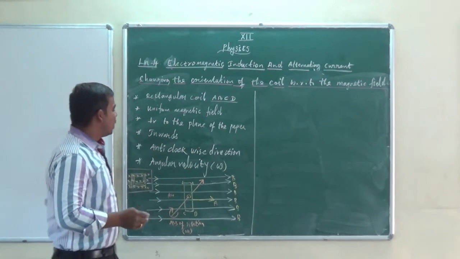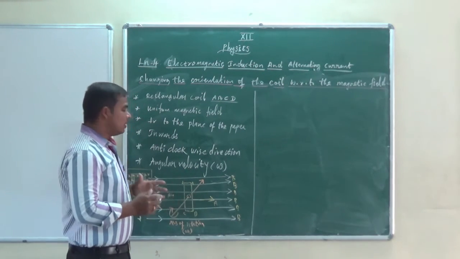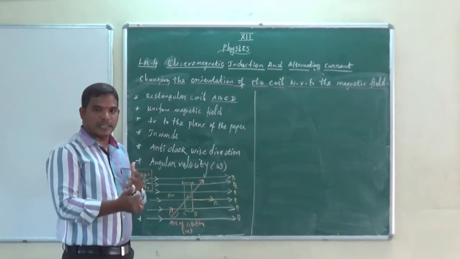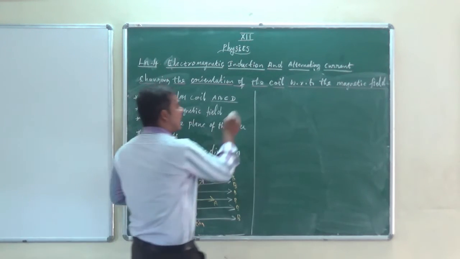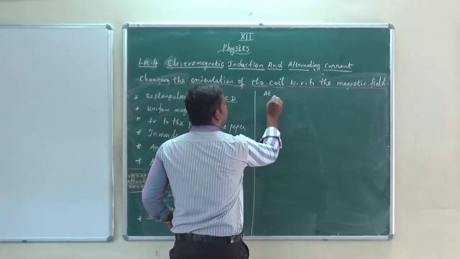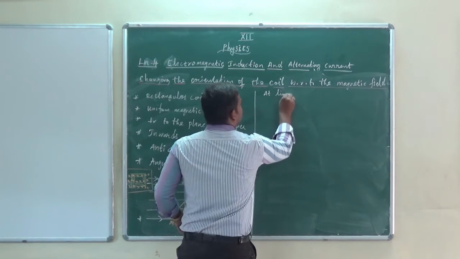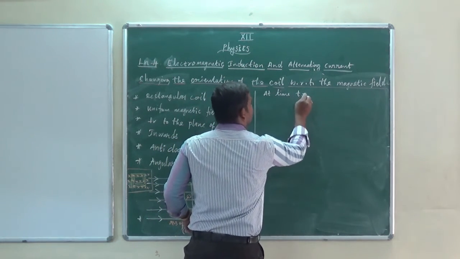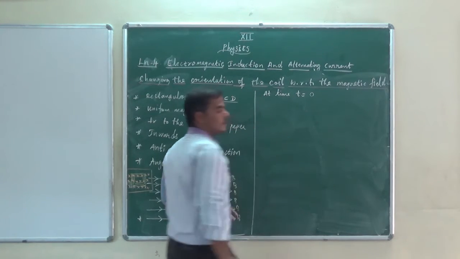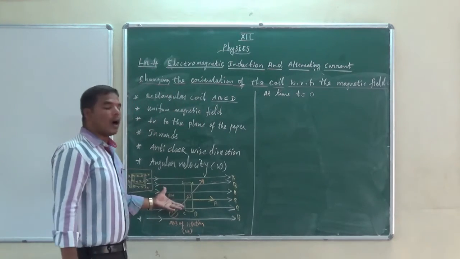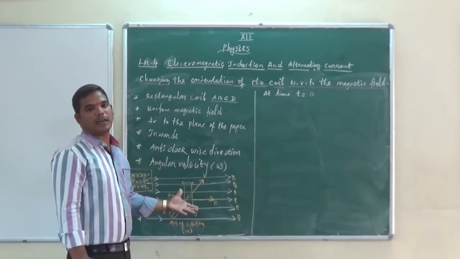Before we discuss this, consider when the coil does not rotate. At that time we consider t equal to 0, when the coil has not started to rotate. The coil is perpendicular to the magnetic field.